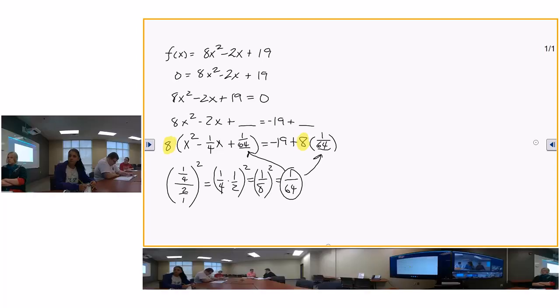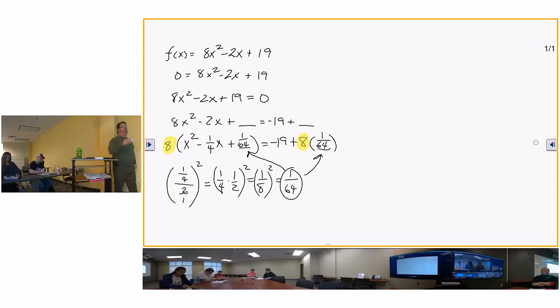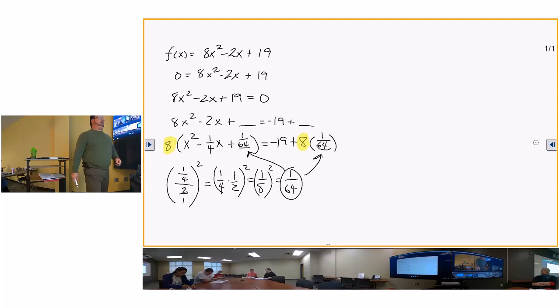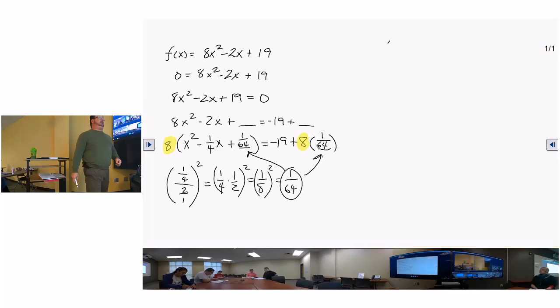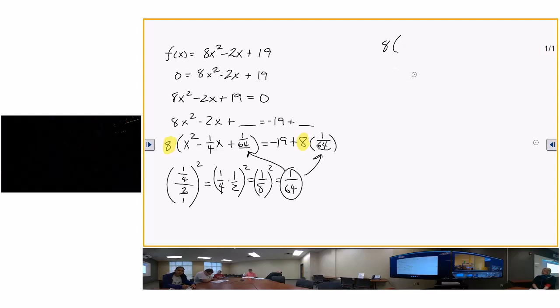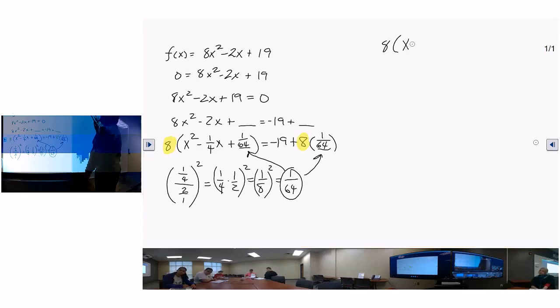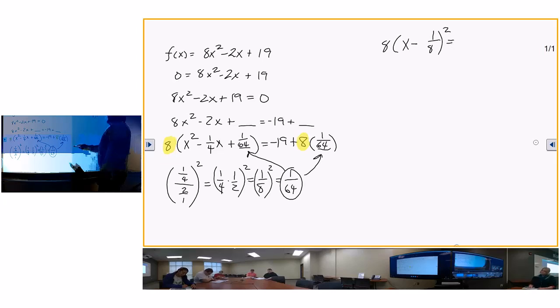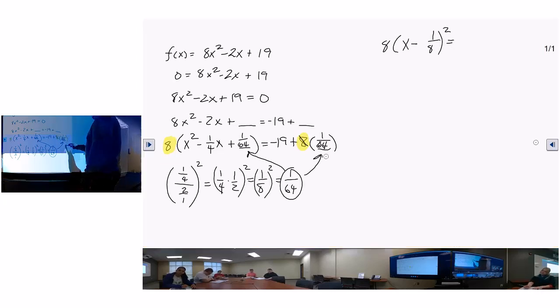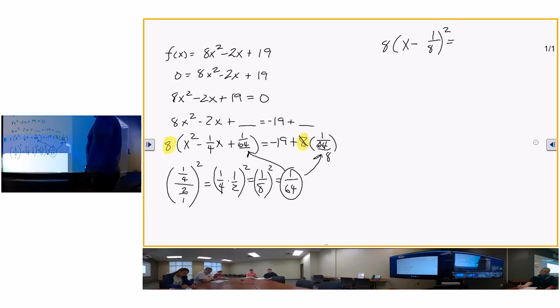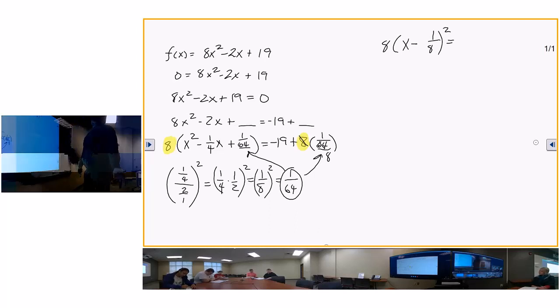All right. So what shortcut is that on the left? Shortcut number 2. That's going to give you x minus 1/8 quantity squared is equal to, well, the 8 will take that 64 out. And 19 times 8 is going to be what? 152.